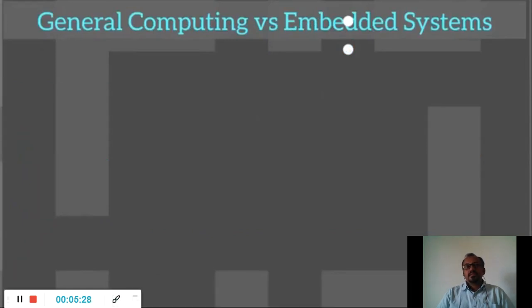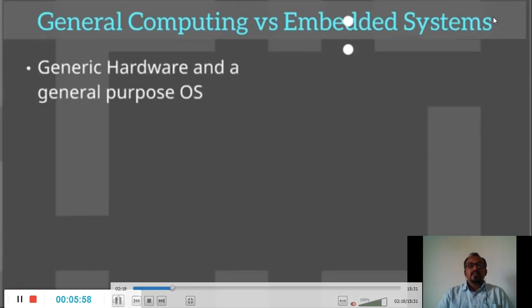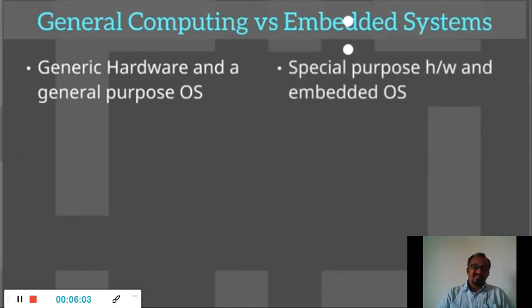Next, we are going to discuss the difference between a general computing system versus an embedded system. A general computing system has generic hardware and a general purpose operating system.